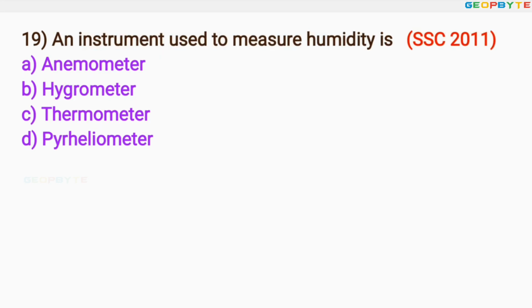Similarly, look at the 19th one, asked in 2011 for SSC exam. An instrument used to measure humidity. Dear friends, remember anemometer is for measuring the wind speed. For measuring the wind speed and wind pressure, we are using the anemometer.